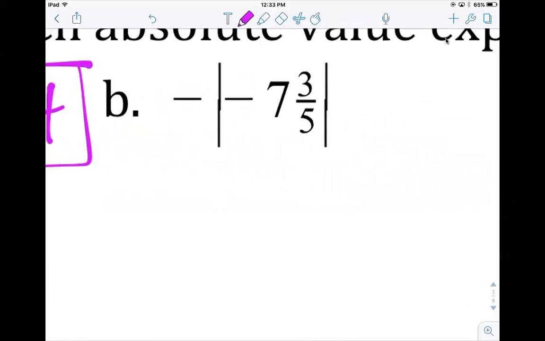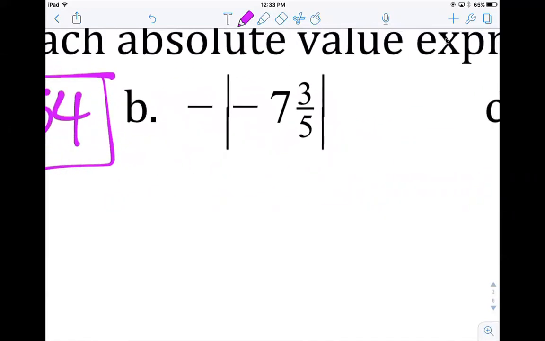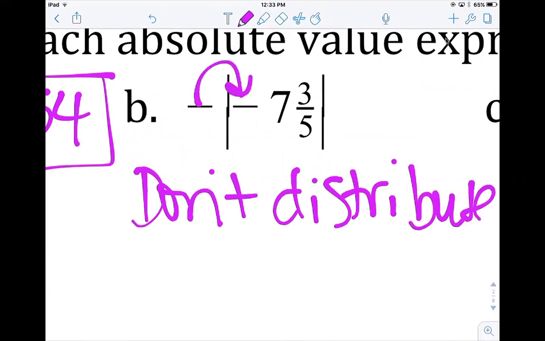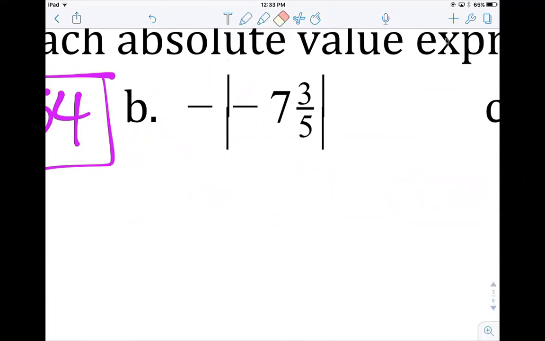Part B, we have a couple things going on here. The first mistake we do not want to make is don't distribute. A lot of times people see that negative sign out front and they're like, oh, I'm going to multiply and do that. No, you cannot do it. Those bars are not like a parentheses. So do not distribute. Instead, we are going to take our absolute value of -7 3/5.